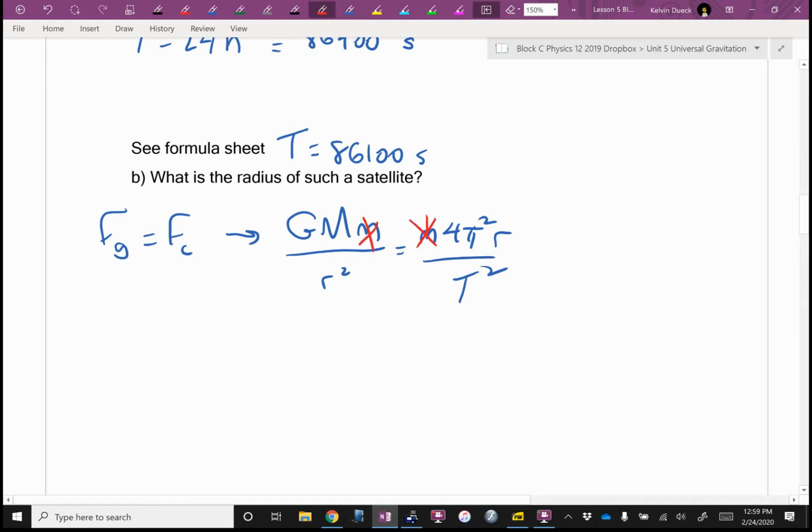Ooh! This is that cube root one again, isn't it? I'll get an r cubed and then cube root. I think I'll end up with r equaling the cube root of big G, big M, T squared all over 4 pi squared.